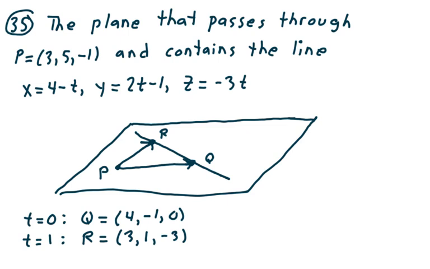Okay? Now, PQ is equal to, so 4 minus 3 is 1. -1 minus 5 is -6. And then 0 minus -1 is 1.